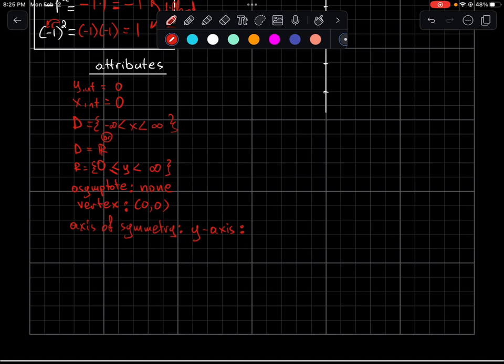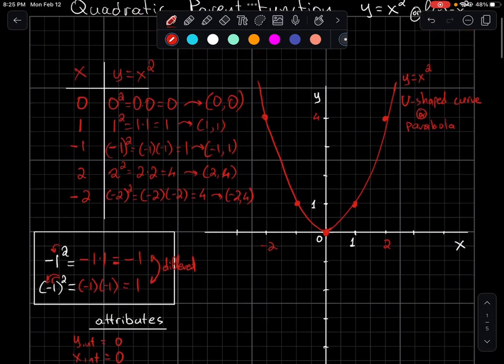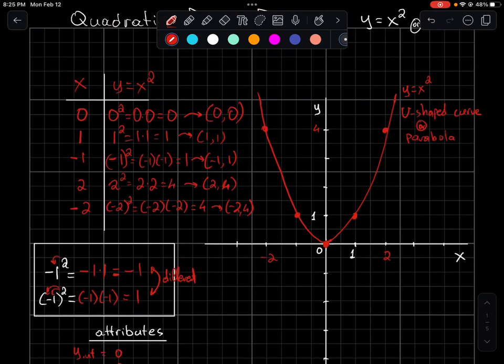Now, what is the equation of the y-axis? Let's see, suppose we don't know. Let's take some points on the y-axis. This point has coordinates 0, 4. What about this point? 0, 3. What about this point? 0, 2. 0, 1.